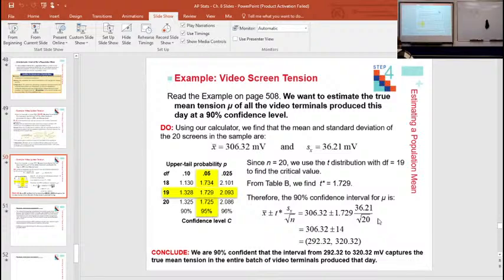Questions on that? All right. Same four-step process.